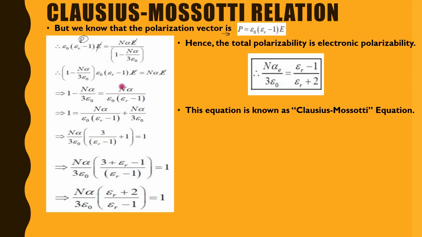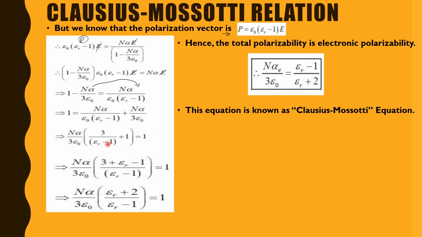Now we will take this one down, so we get this formula. Now when we take this one to the other side and take common out, it becomes n alpha by 3 epsilon naught, and here we have 3 by epsilon r minus 1 plus 1.